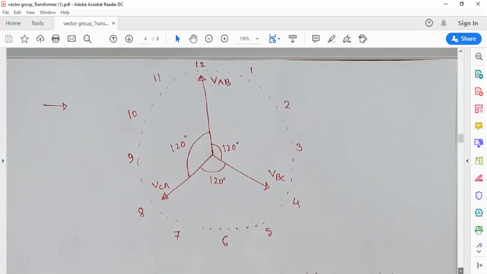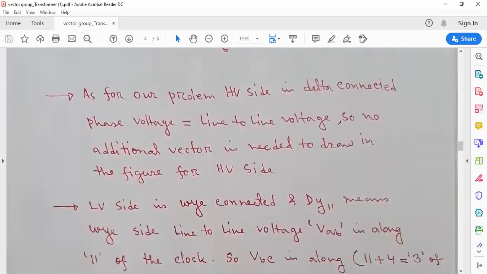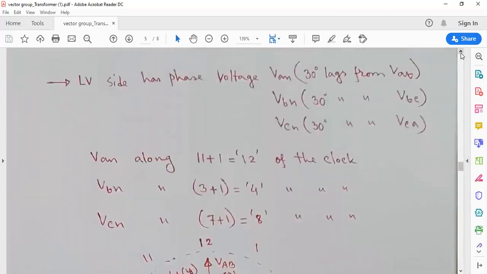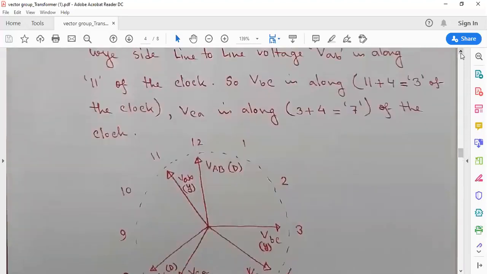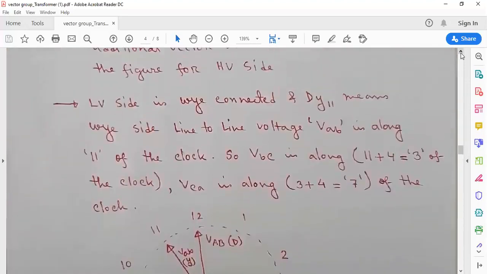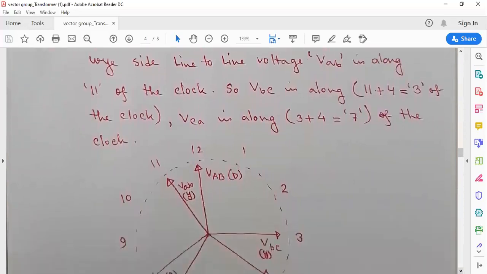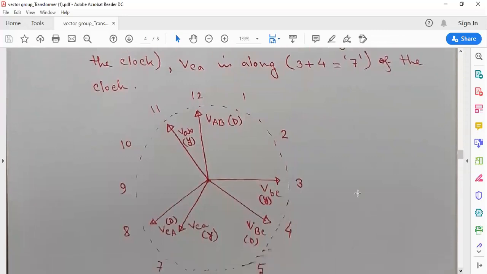Now the delta side is completed. We have to go to the low voltage side, that is Y connected. In the low voltage side, we already have some information: the Y side line to line voltage VAB is along 11.